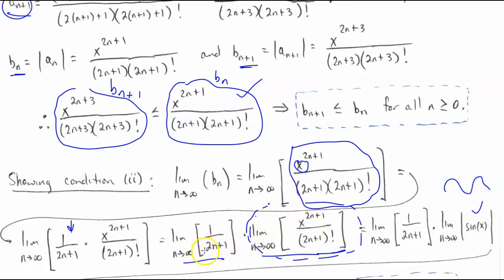But the thing that's going to control what this limit actually ends up equaling is the fact that this 1 divided by 2n plus 1 is a rational function that is bottom heavy, meaning that the degree of the denominator is larger than the degree of the numerator. So we automatically know that this limit goes to 0.